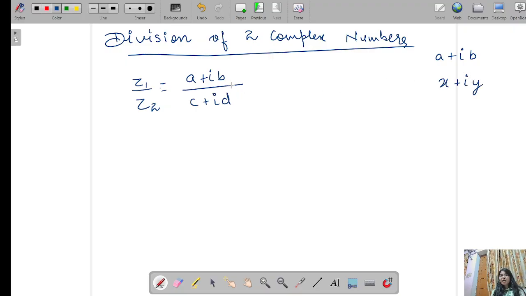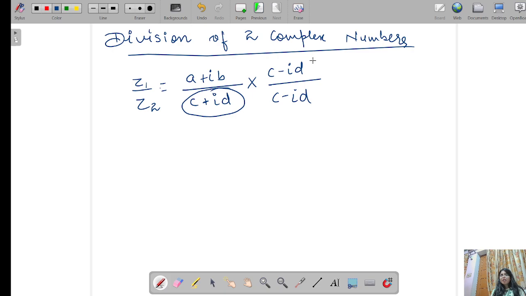Here I have the denominator with the iota part. Whenever we come across a complex number with iota in the denominator, we are going to rationalize it. How are we going to rationalize it? By multiplying and dividing this with the changed sign, so I am multiplying and dividing with the conjugate.